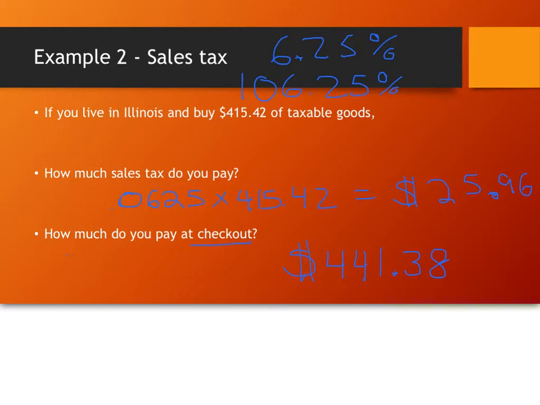So the price at checkout is going to be 106.25% of the original. How this helps us is that we have this 1.0625, that's 106.25%, and we can multiply that times our price, $415.42, and come up with the exact same answer that we had before. So if I'm talking about the price at checkout, you can do that not in 2 steps, but in 1.